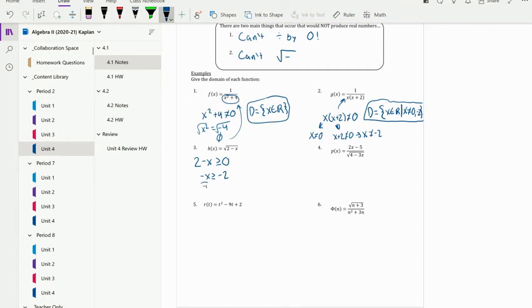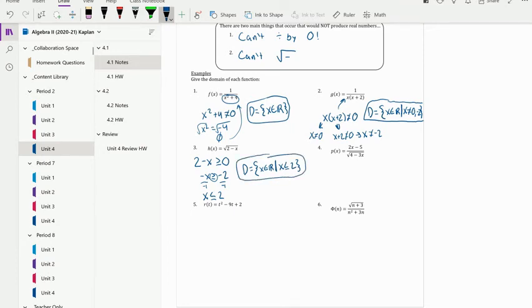Then when you divide by negative 1, don't forget to flip your sign. So we get x is less than or equal to negative 2 divided by negative 1, which is positive 2. So in order for this one to work, x has to be less than or equal to positive 2. So our domain then, D equals, fancy brackets, x is in all reals such that x is less than or equal to 2.